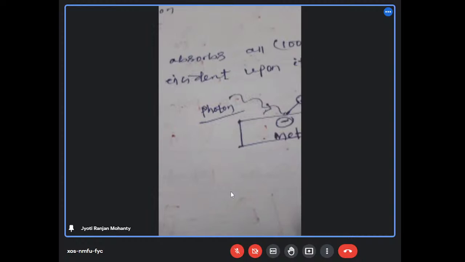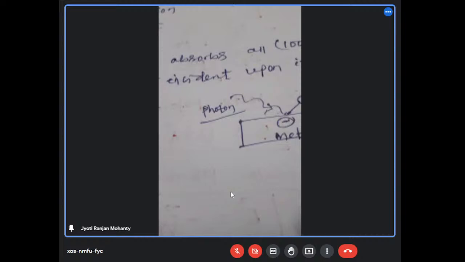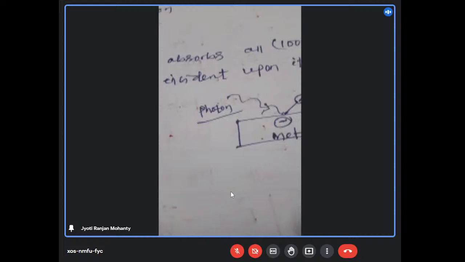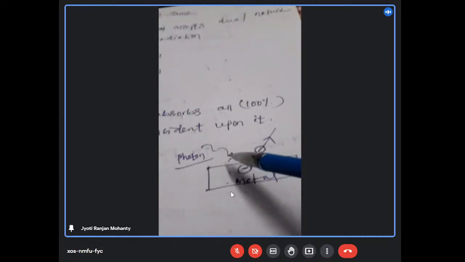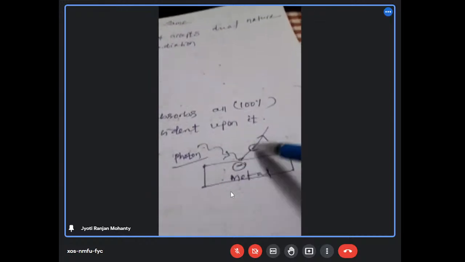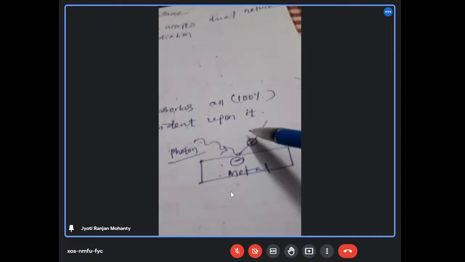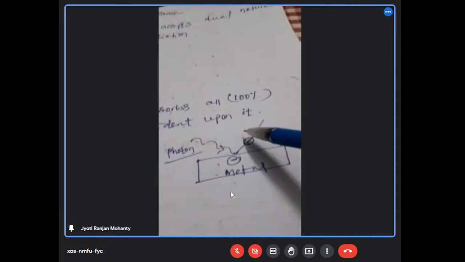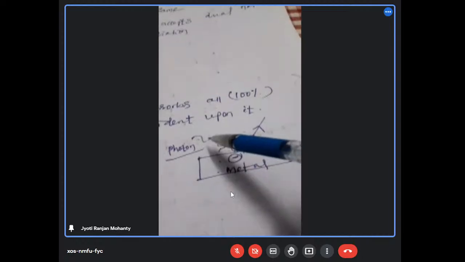Means the light having very high frequency. Okay, so there are different frequencies of different light. So we have to select those light having very high frequency. If that light interacts with the electron, then only the electron will be removed from the surface of the metal. So this entire process is called as photoelectric effect.